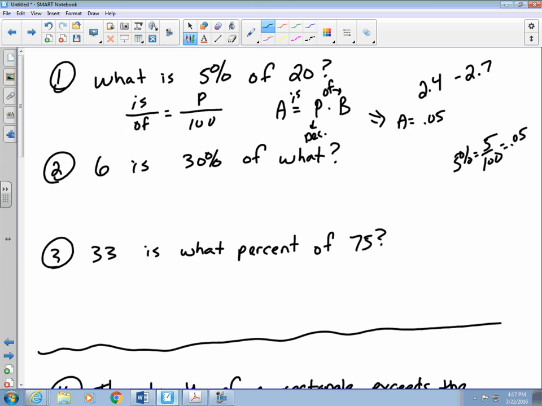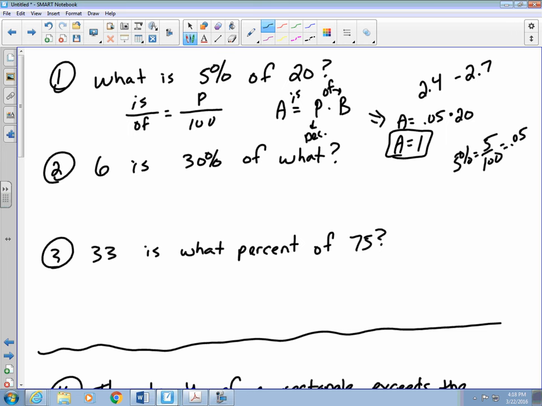Versus, as I mentioned before, when you multiply by 100, it moves it 2 places to the right. But you take 5% of, so you would times it by 20. So you do that, 5% of 20, and it's going to be 1, and then you're done.